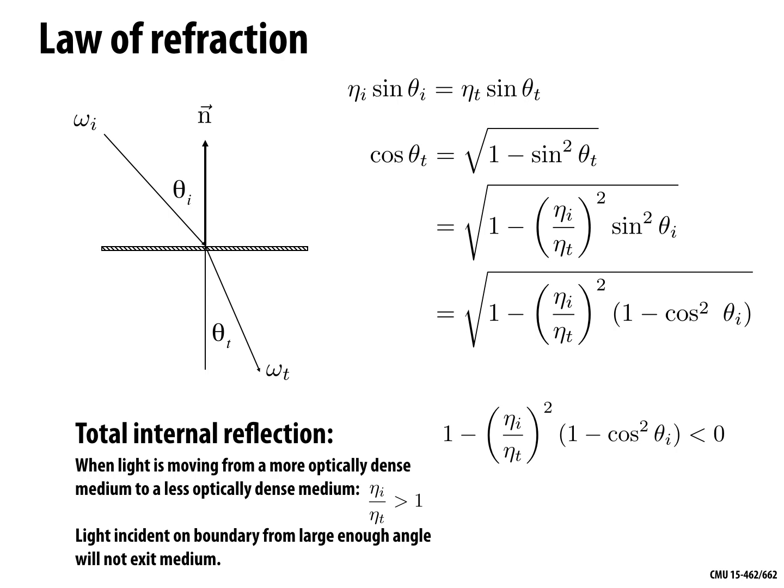So if we work through what happens with the cosine of the angle, kind of the x component, then in some situations, if we're traveling from a more optically dense medium to a less optically dense medium, right, from water back into air, then it's possible that light incident on the surface from a large enough angle might not exit the medium. In other words, instead of getting refracted or transmitted through the surface, it's going to bounce off. It's going to behave more like a specular reflection.